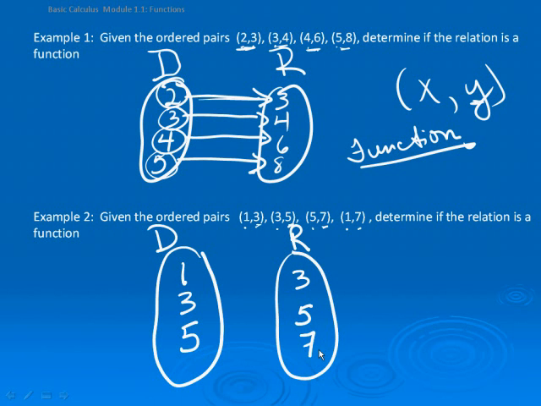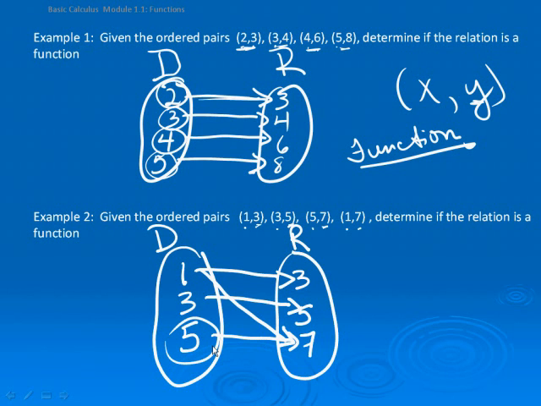Okay, so let's do the mappings. 1 goes to 3 is our first ordered pair. 3 goes to 5. 5 goes to 7. And 1 goes to 7. Now, let's look at 5 to begin with. 5 is our number in the domain, and it is mapped with 7, and it's only mapped with 7.